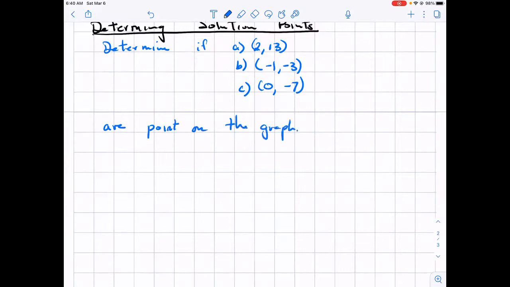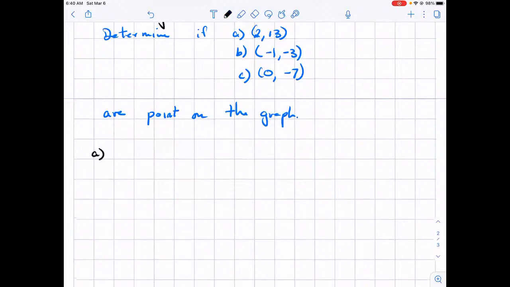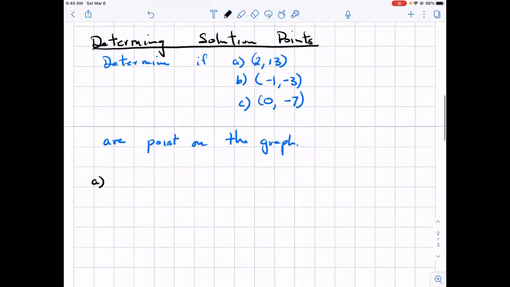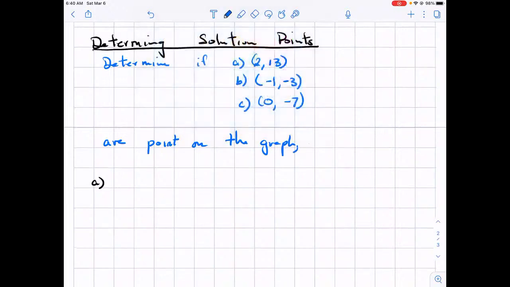So we don't want you to do this by drawing the graph and then looking to see if they fall on the graph. What we want to do is check them algebraically. So for the first one, A, I should say the graph is of y equals 10x minus 7.